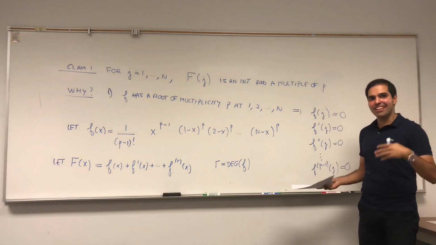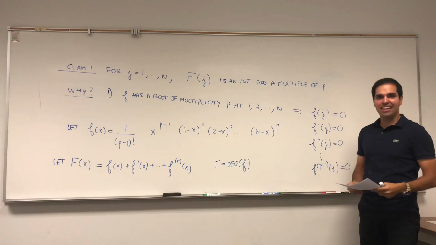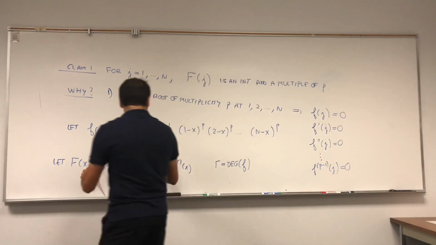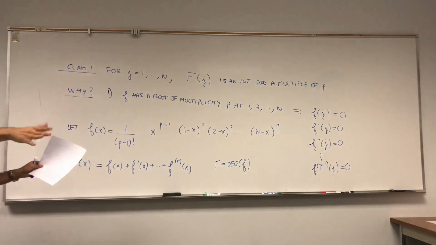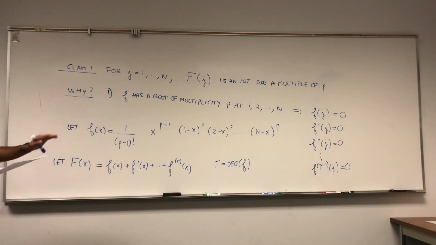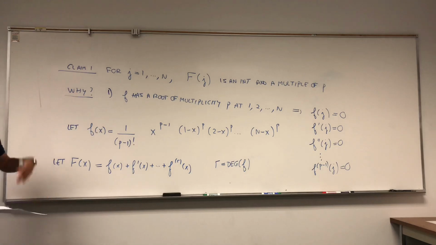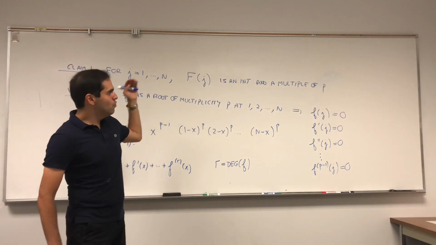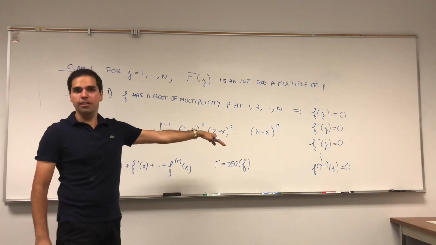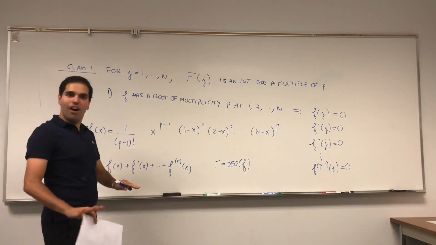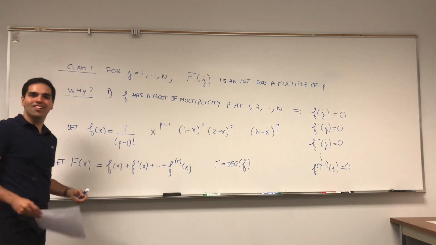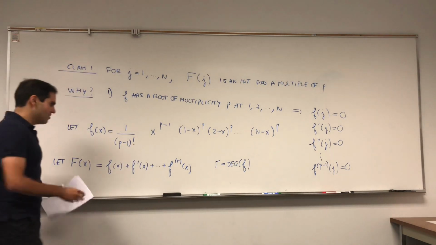So it's not clear that if you plug in 1, you still get 0. So the point is, if you take a few derivatives, you're still fine. And the question is, what if you take more derivatives? It turns out you won't really have 0 anymore, but it's fine because what we want to show is that it's an integer. We don't necessarily want to show that it's 0.